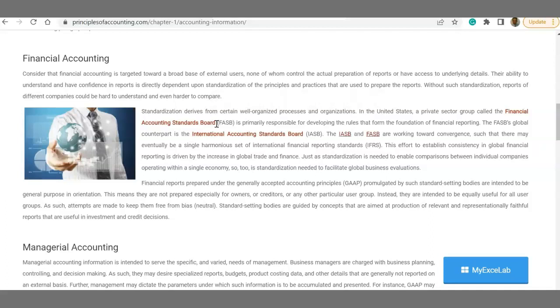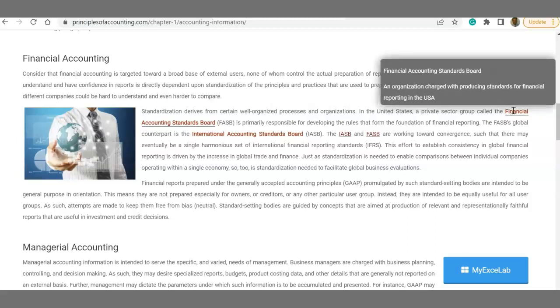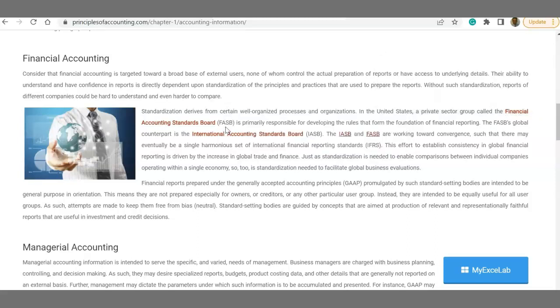Here is explaining where these accounting rules are coming from, who is making them. The Financial Accounting Standards Board, FASB, is making GAAP, and IFRS is the international accounting rules, which the IASB is making. That's for companies outside the US.